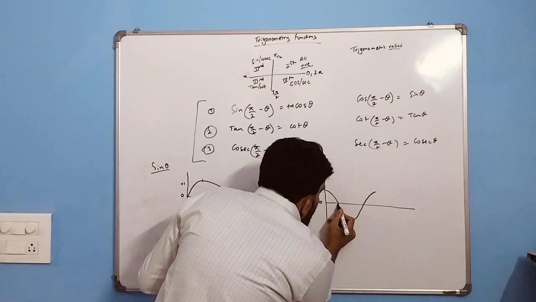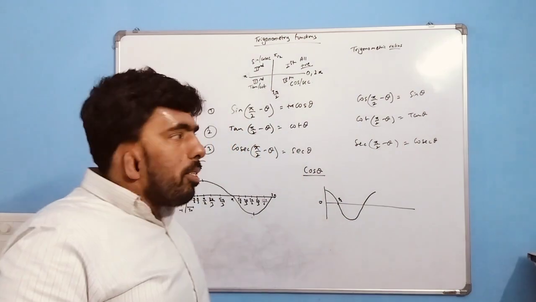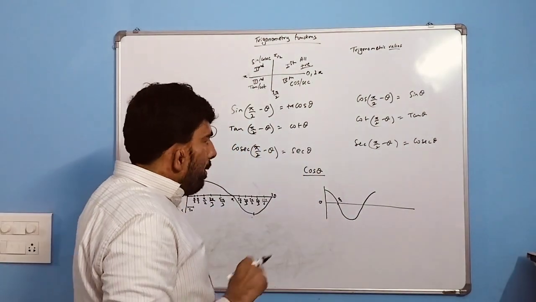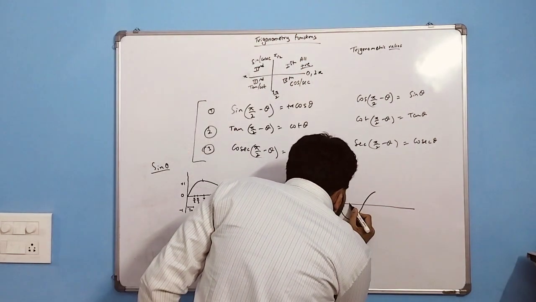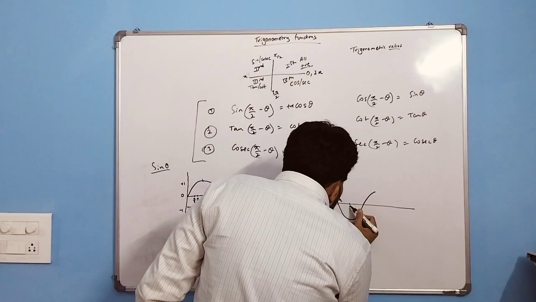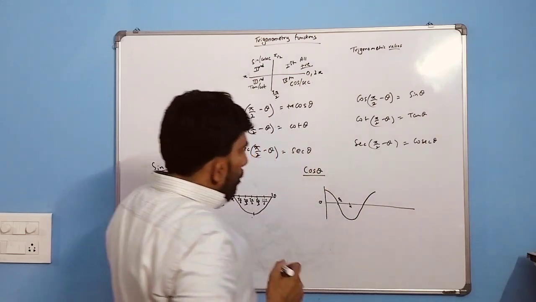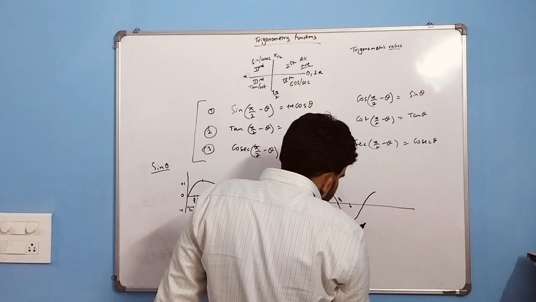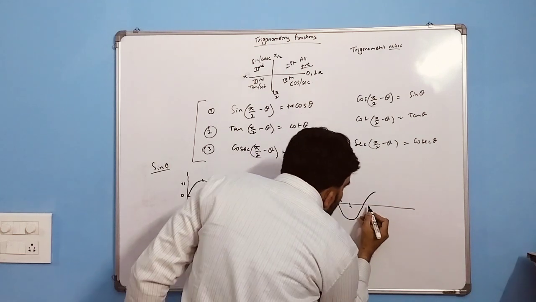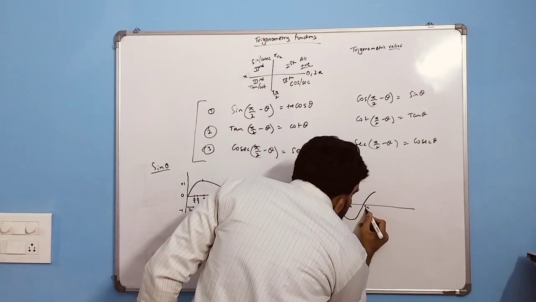Here it is pi by 2, 90, because at 90 the value of cos will be 0. Okay, 90. Now here I am taking pi. At pi it will be minus 1. Okay, so that is 180. Then again I am taking 3 pi by 2.